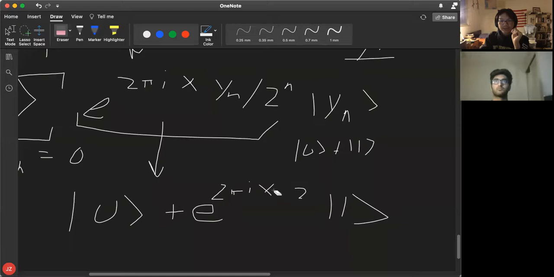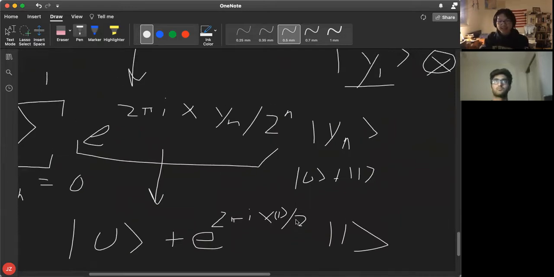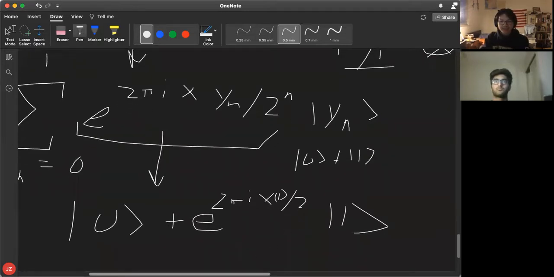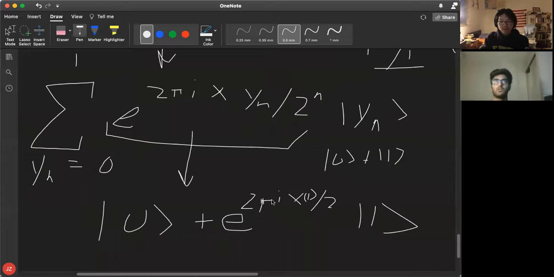Hold on, let me clean this up a bit. Over 2. Okay, cool. That's assuming that this is just for a single qubit or term, I believe. I apologize for being a little sloppy with my terminology.